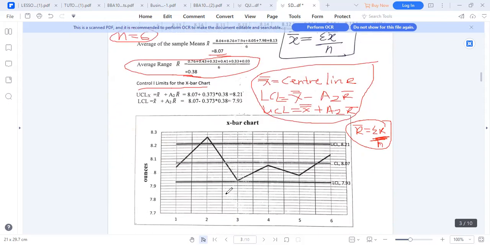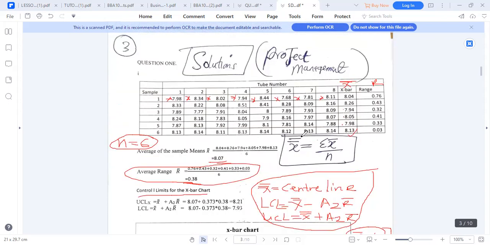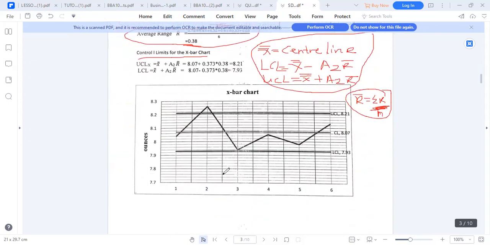So now after plotting here, we can see where all these figures fall, the 8.04, 8.26, 7.94, 8.05, where these ones fall. So sample one is 8.0. So this process is not in control because this data point is above the limit.